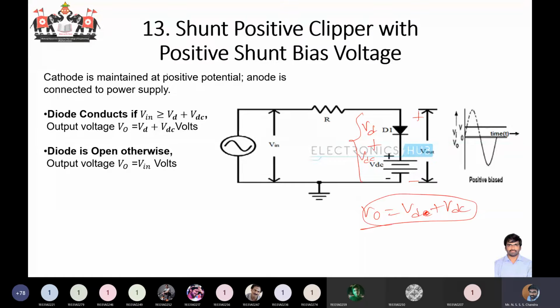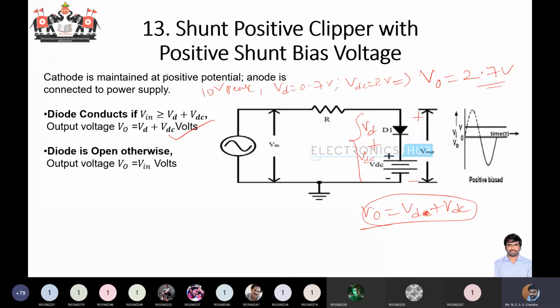So the maximum output voltage that you can observe is, for a given input of 10 volts peak, if VD is equal to 0.7 and VDC is equal to 2 volts, then you may observe maximum peak in the output voltage as around only 2.7 volts when the diode is conducting.